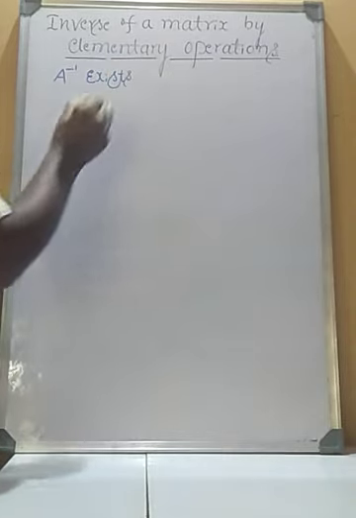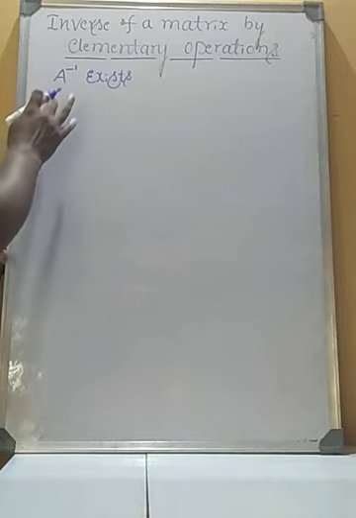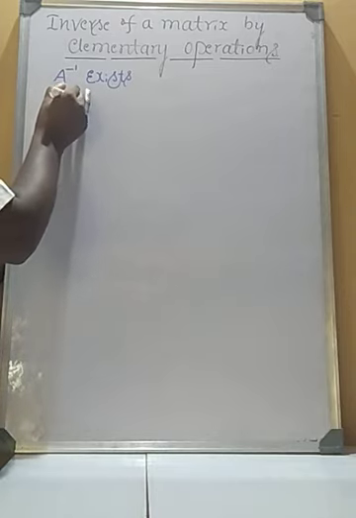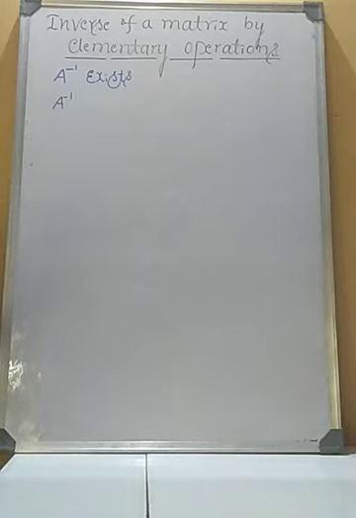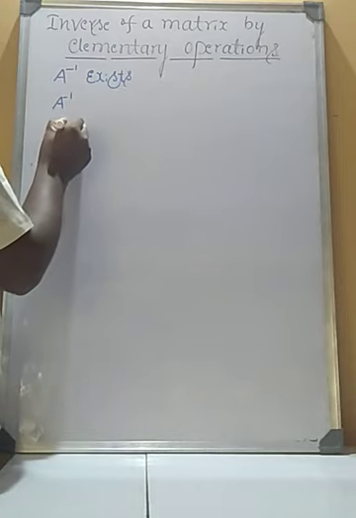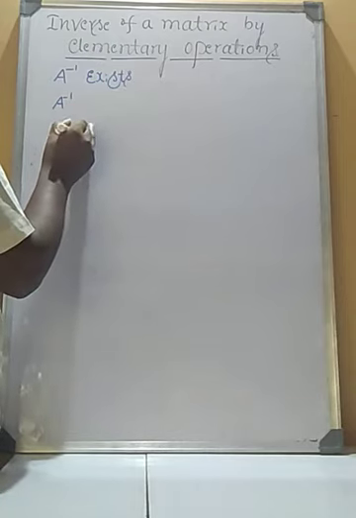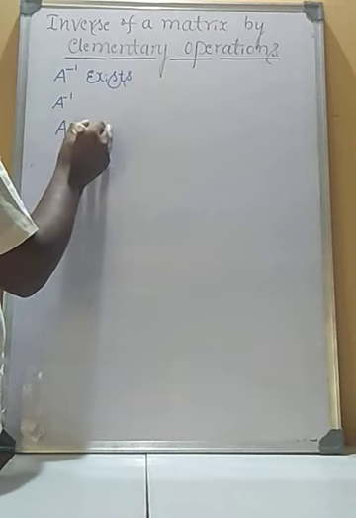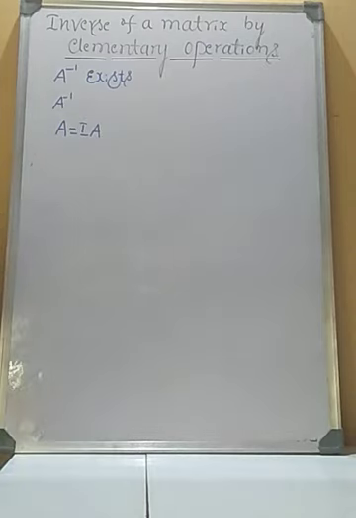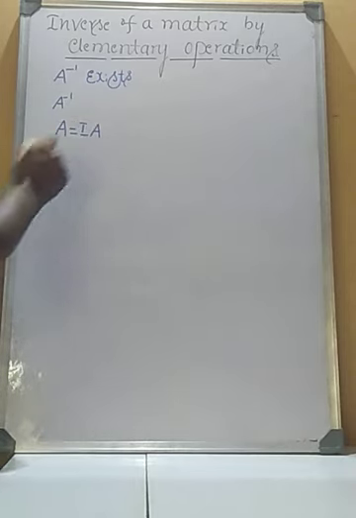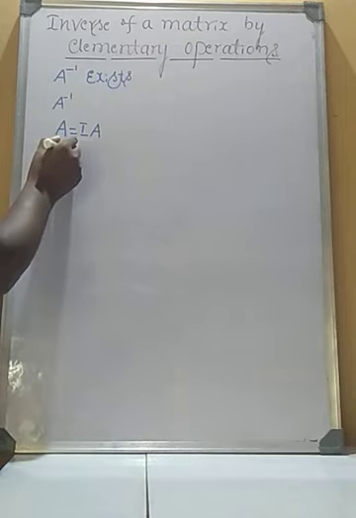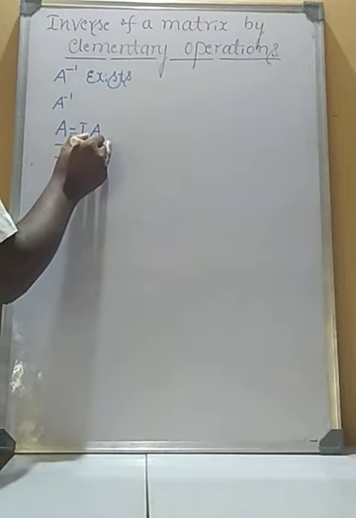then to find A inverse using elementary row operations, we write A is equal to IA, and apply a sequence of elementary row operations on A equal to IA till we get I is equal to BA.